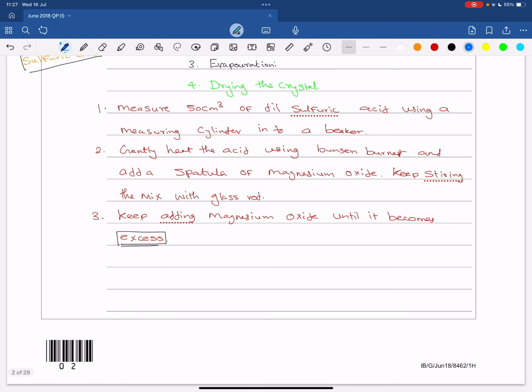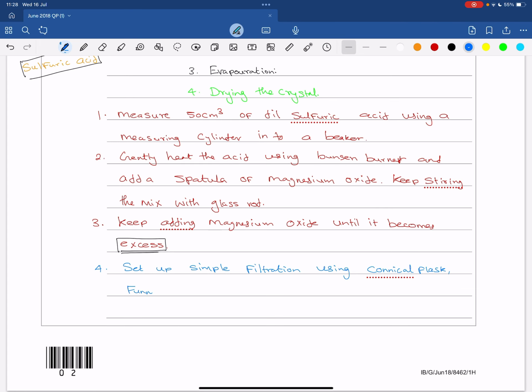In filtration, the only thing you need to say is: set up a simple filtration using a conical flask, funnel, and a filter paper. Filter out.